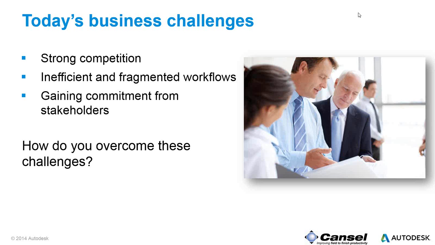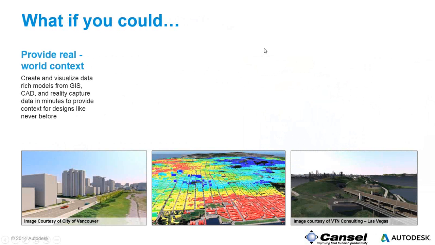So how can we overcome some of these challenges? Well, what if you could provide real-world context? Autodesk's kind of buzzword for Infraworks is design the what if in the context of what is. What that means is you assemble existing data, there is your what is, and then you start developing different proposals or options.